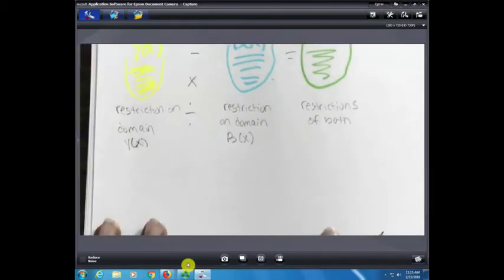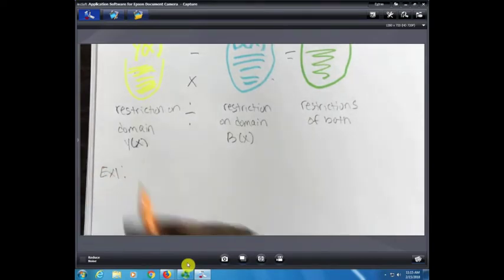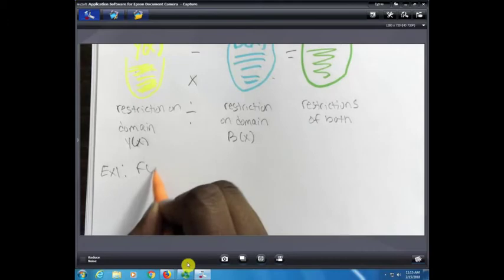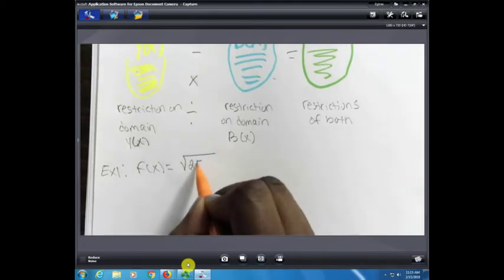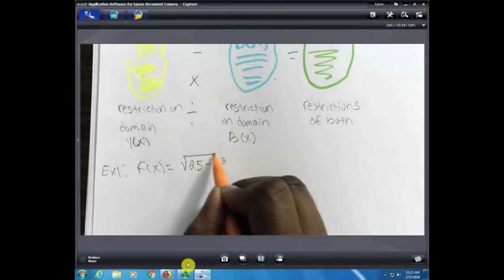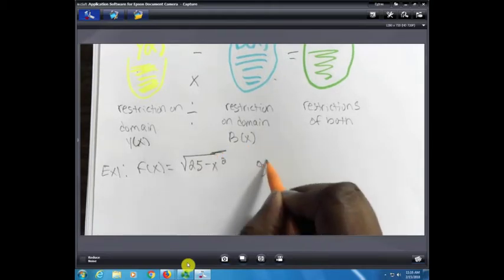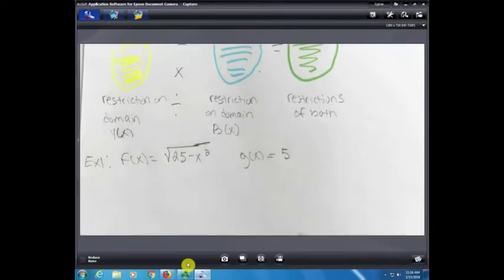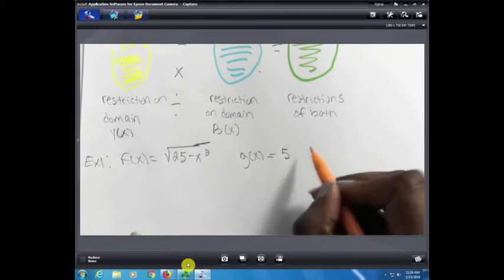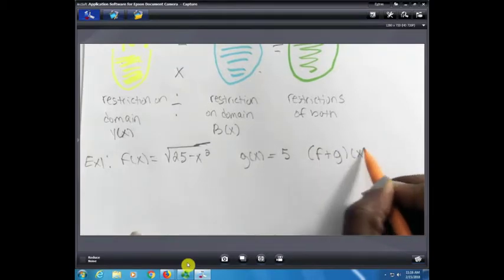Let's look at example 1. They give us the function f of x is equal to 25 minus x squared. And then g of x is equal to 5. And for our question, they want us to add f plus g of x.